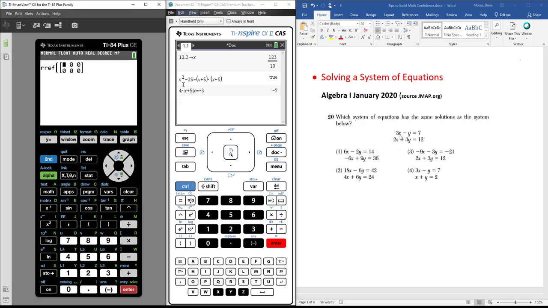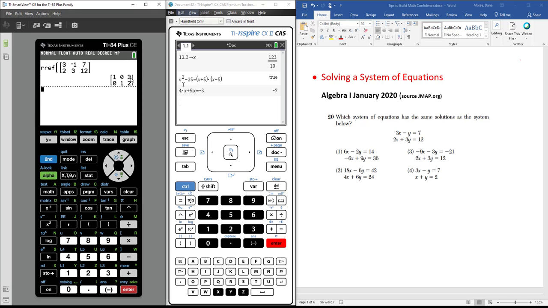I can now pluck from the original system of equations my coefficients. So 3, -1, 7, 2, 3, 12. When I press enter, x's were in the first column, y's were in the second column, and the constant was in the third.